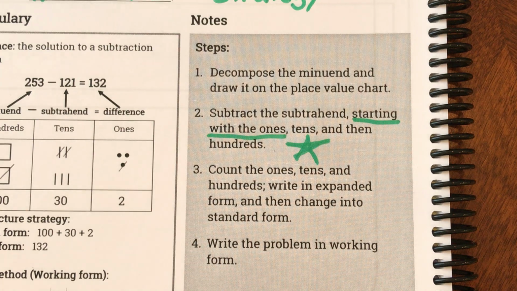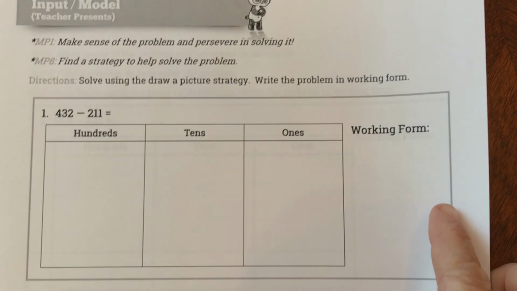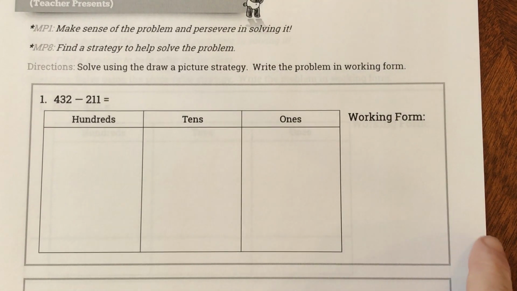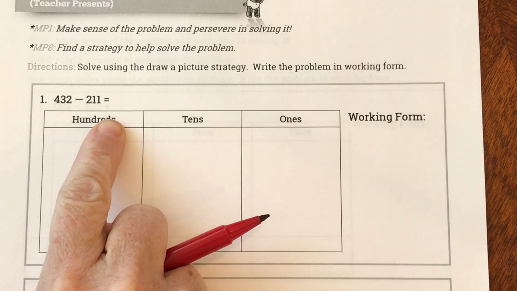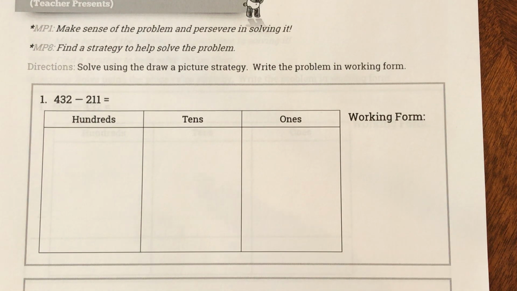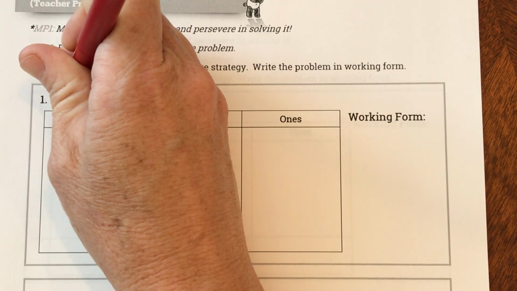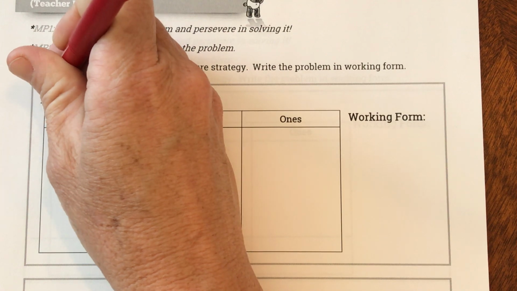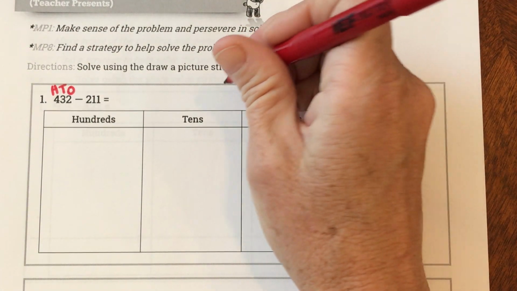I'm going to get my red pen if you want to set yours down for a second. Okay, and here is my first problem. Okay, my first problem is 432 subtract 211. Okay, so remember, I like to always look at what are my place values. So I have ones, tens, hundreds. And if it's really squished to write it there, I could have rewritten it larger.